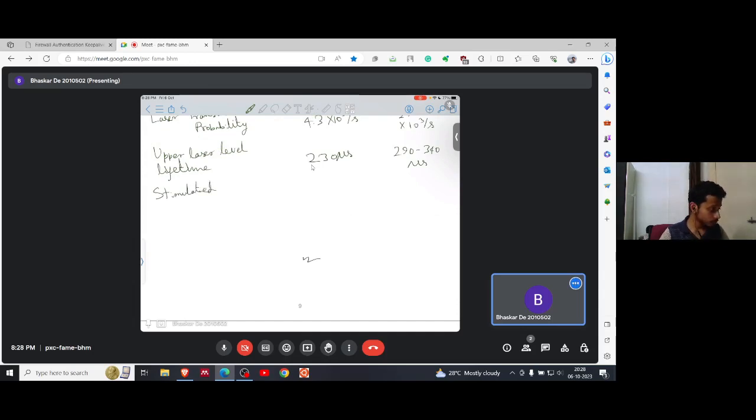Stimulated emission cross section sigma UL is 2.8 into 10 to the power minus 23 meters square, and here 2.9 to 4.3 into 10 to the power minus 24 meters square.